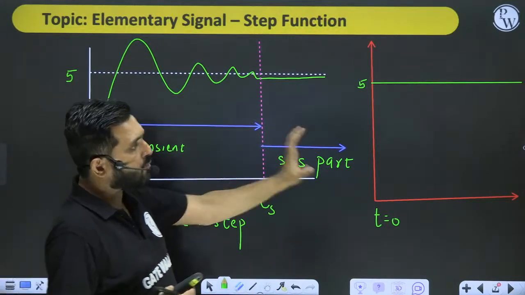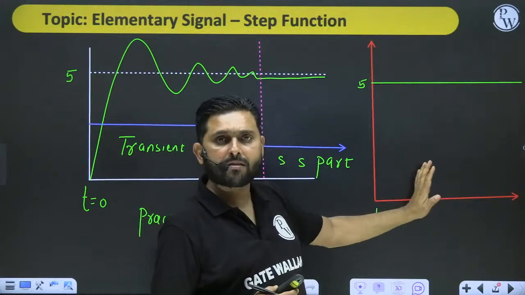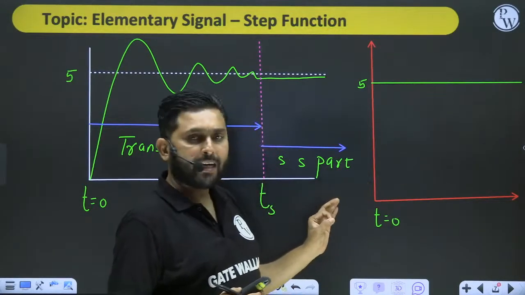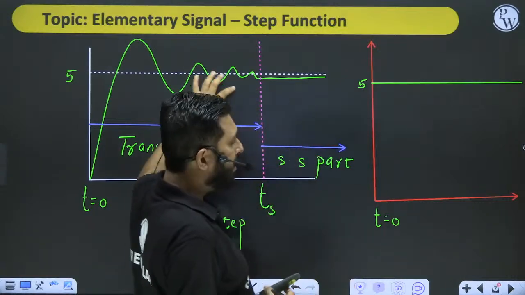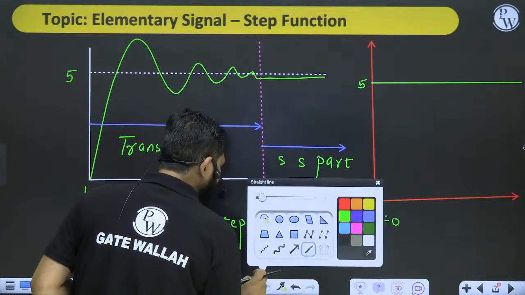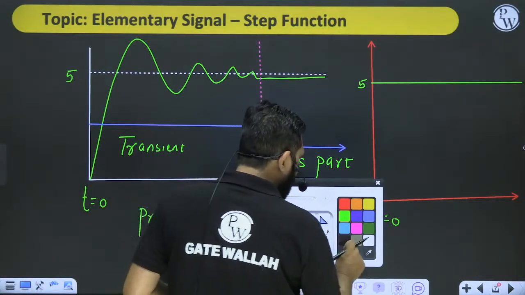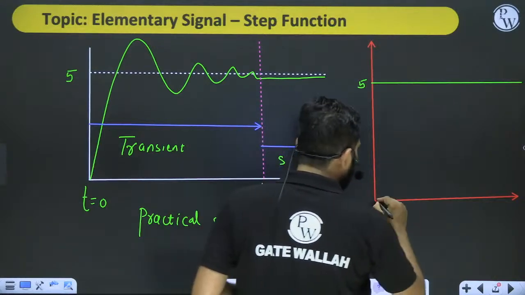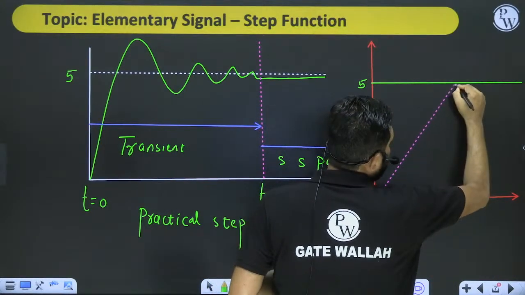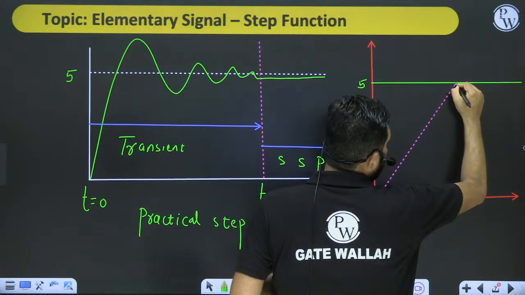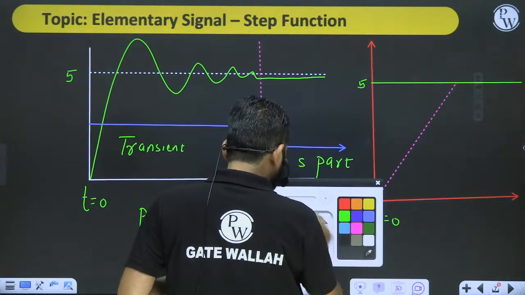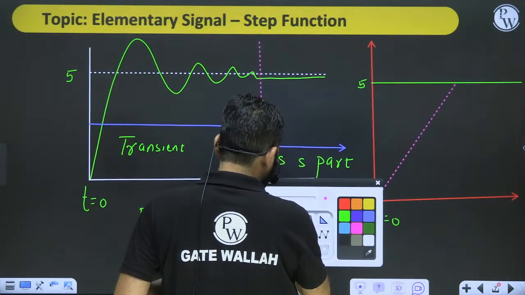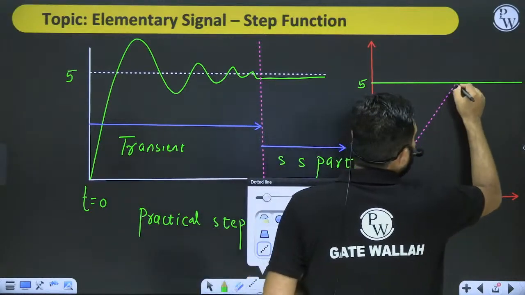And in our control systems, and in our signals and systems, instead of taking it to be the practical step in this way, we take the practical step to be like this. And after that, it will maintain its constant value.